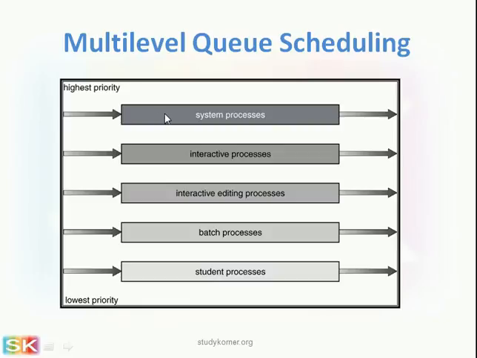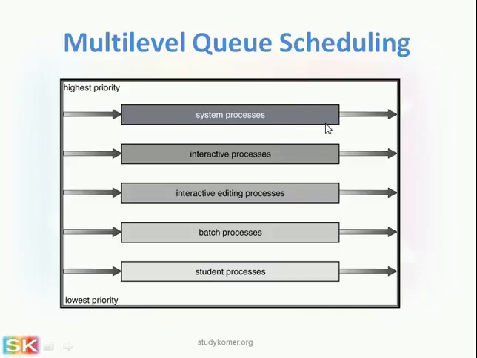So system processes can be executed in FCFS manner, interactive processes can be executed in round robin manner, interactive editing processes can be executed in some priority scheduling, batch processing can be executed in FCFS, and student processes can be executed in priority order or SJF order, right? So there may be different policies for each queue, and among these queues there may be some policy so that we can decide which queue will be executed for how long, right?